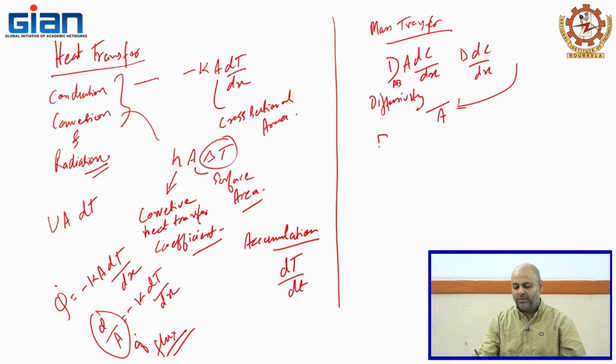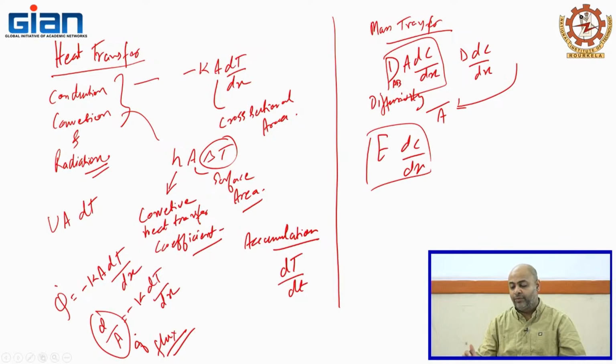The dispersion is given as E. Even that equation looks the same: E A dC by dx, or E dC by dx. This would be for your dispersion, and that would be for your diffusion.